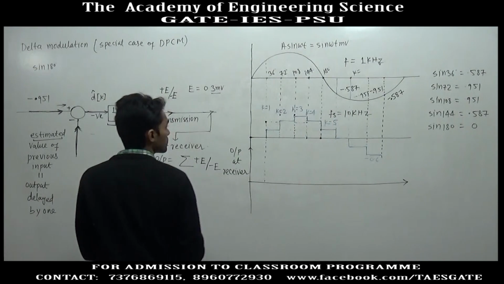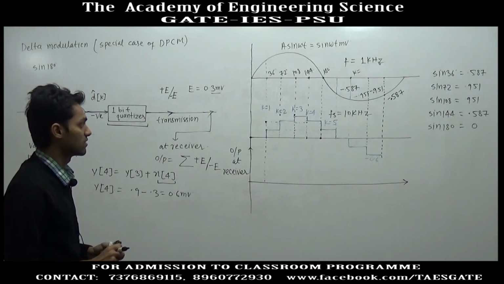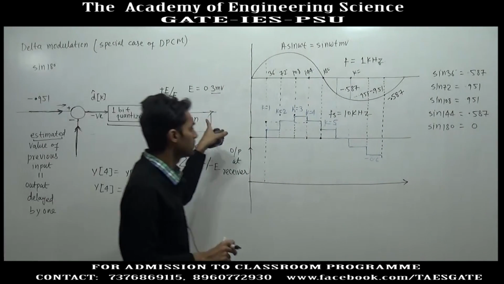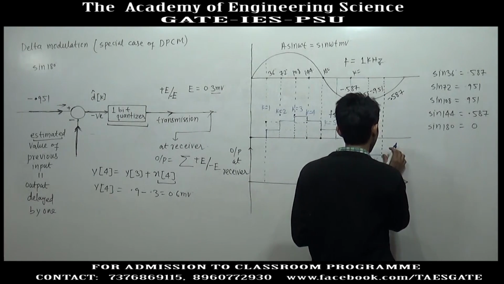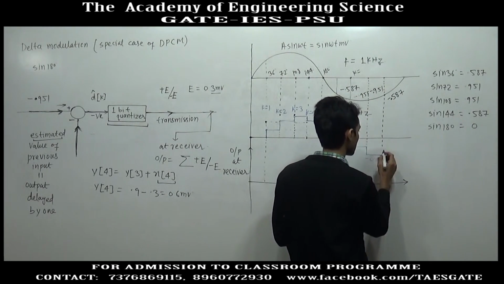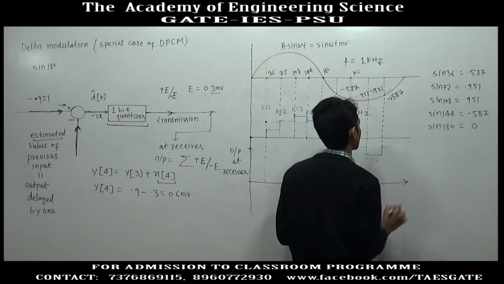Now, if you subtract minus 0.6 from minus 0.587, you will get a positive value. So, with a positive value here, we will add 0.3 to the output. So, plus 0.3 will be added to minus 0.6, and we will get this output.